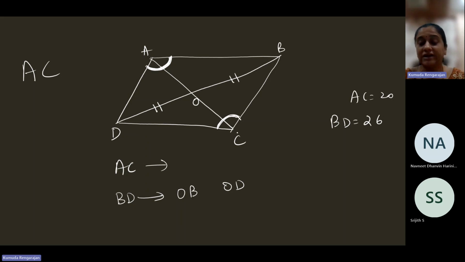But the diagonal does not bisect the corner angles. It does not bisect the angles at the vertex.